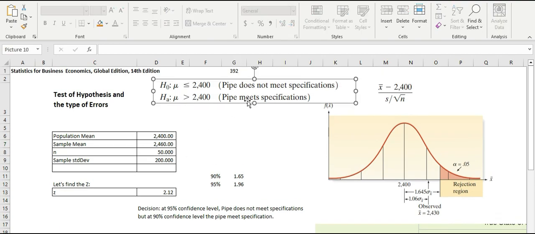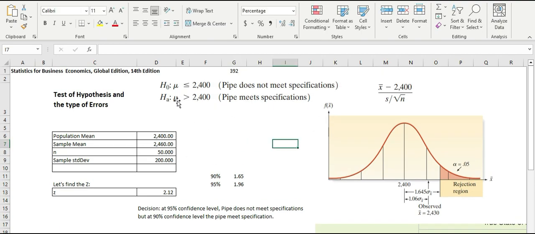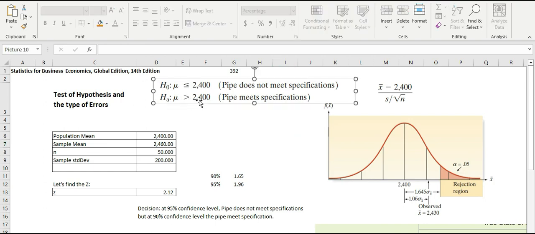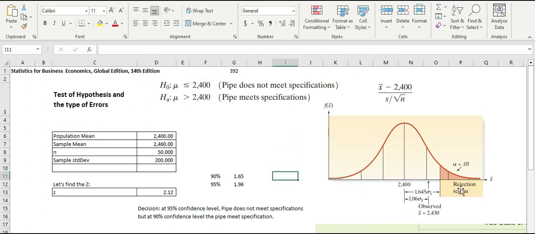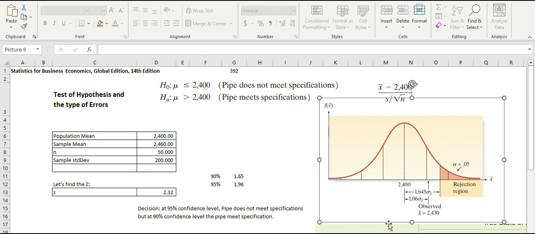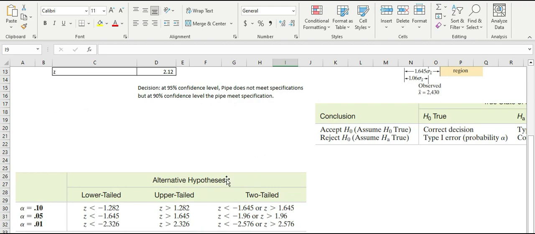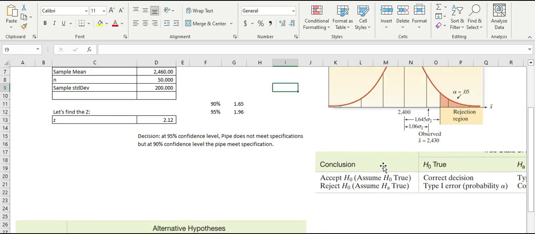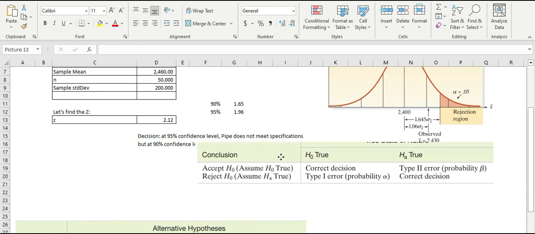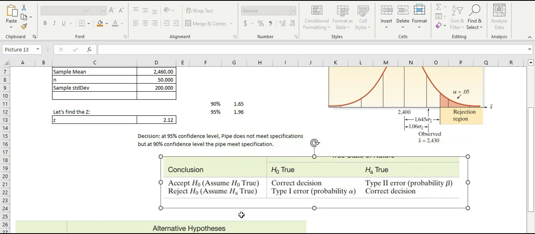Here, these are the types of error. If we accept the null hypothesis and it is true, that's a correct decision.